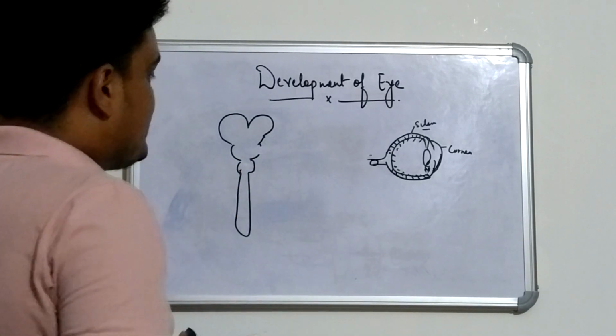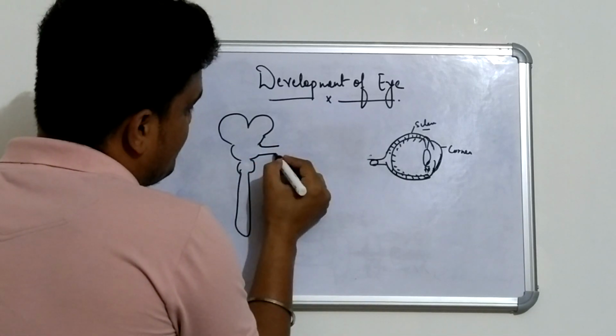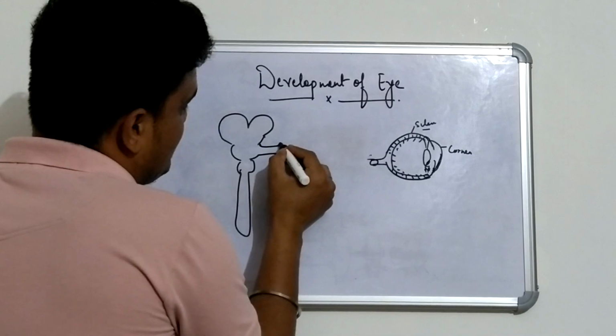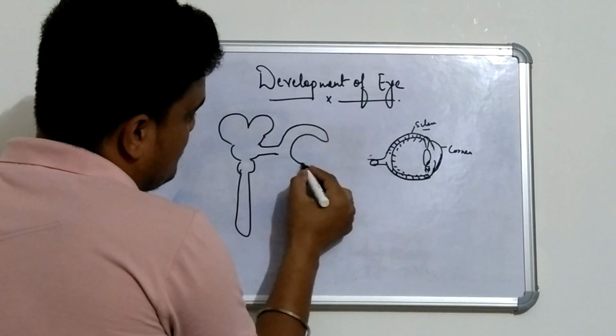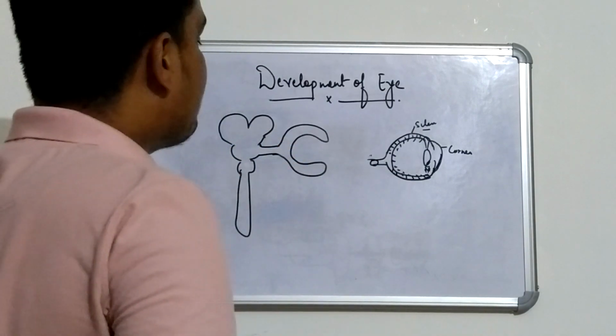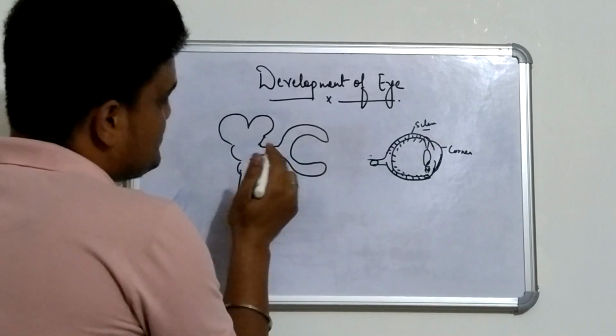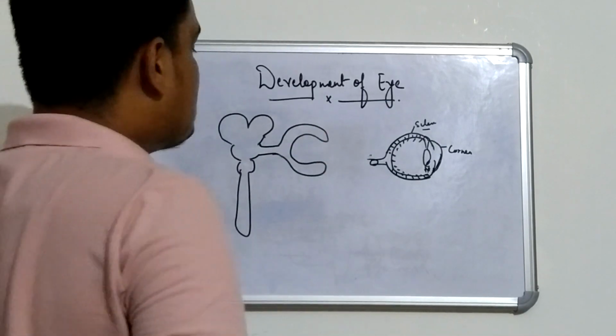This diencephalon area will go further bulge out in order to make optic vesicles. So this is an optic stalk, and this is a part of optic vesicle.